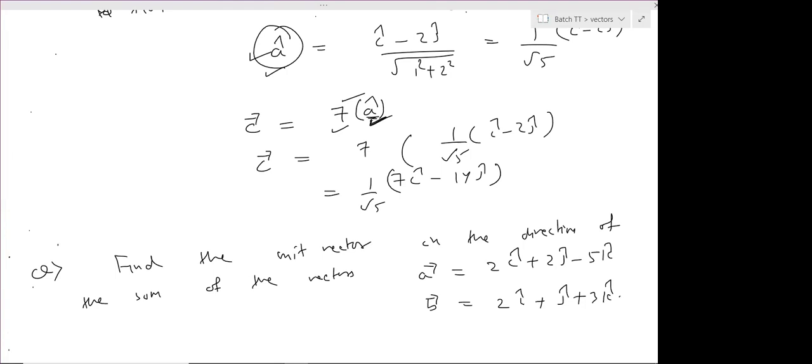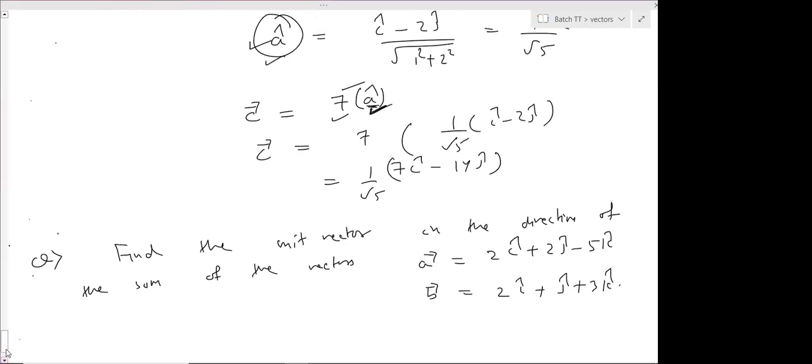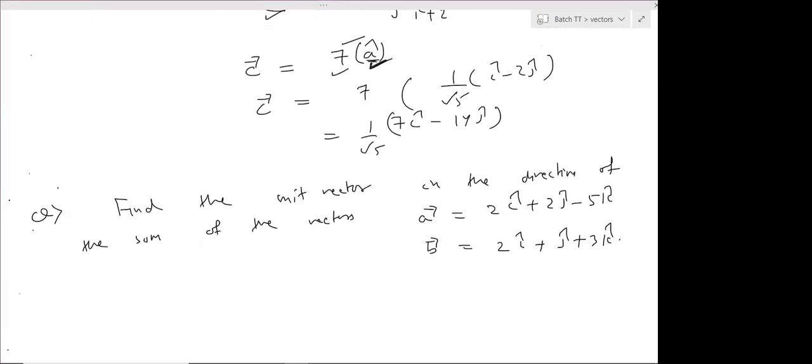This question you have to solve. I'll give you 3 minutes for this, or 5 minutes. All right, very easy question.